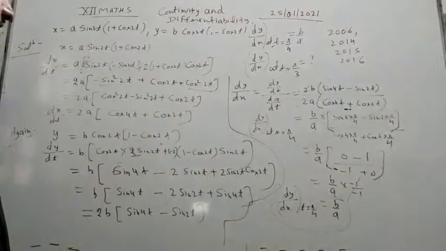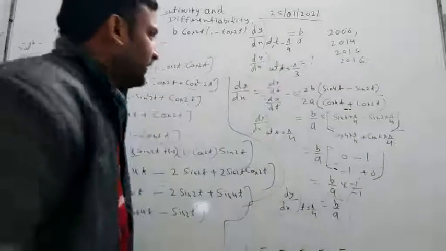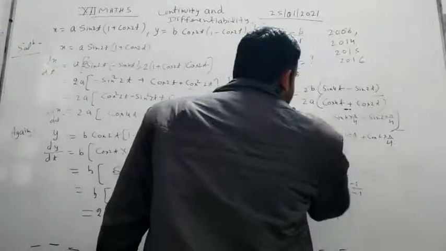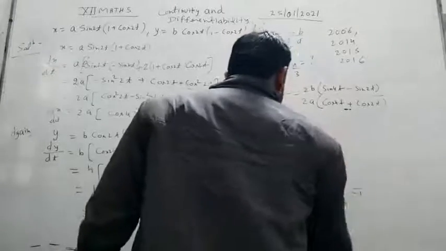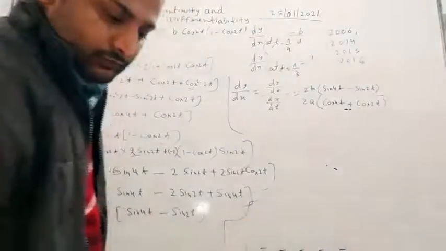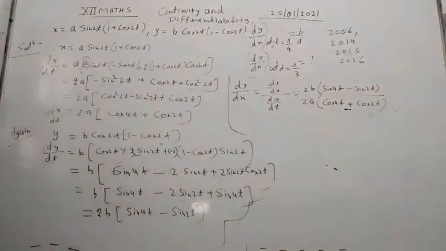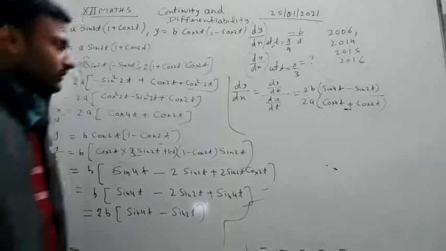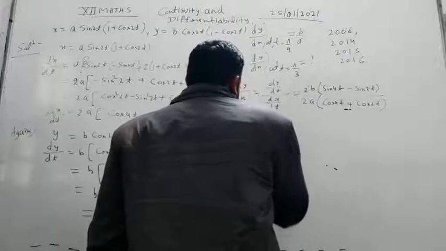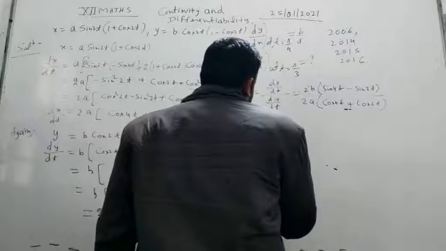Now we will find the value of this. Now the value of dy by dx at t is equal to pi by 3.